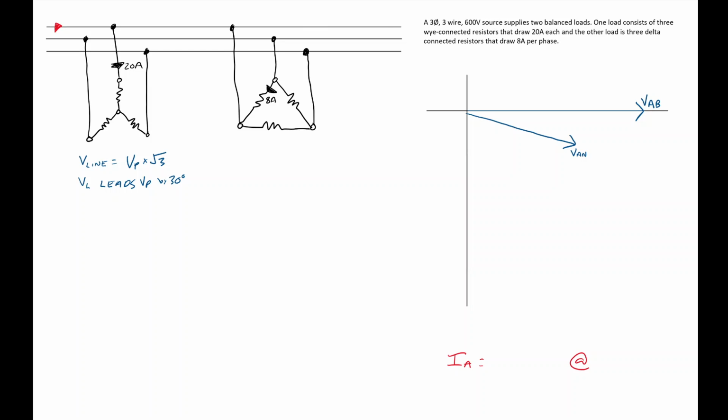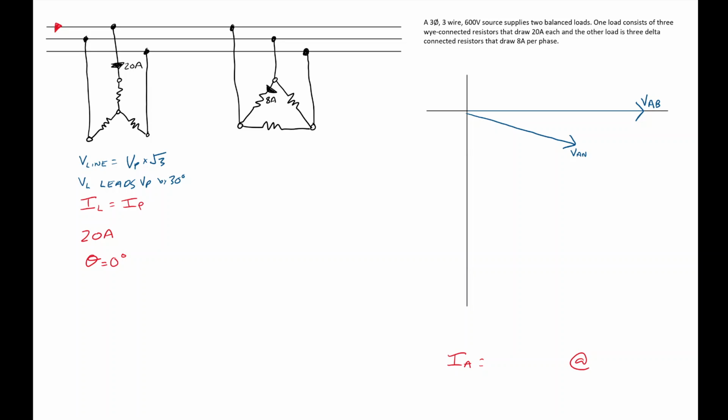So where I go from this now, I've got 20 amps. I know that my I line equals my I phase. Those are my three rules there. So I've got 20 amps. My phase angle would equal 0 degrees. Remember, that's because my resistors have a power factor of 1. So that means my current is in phase with my voltage.